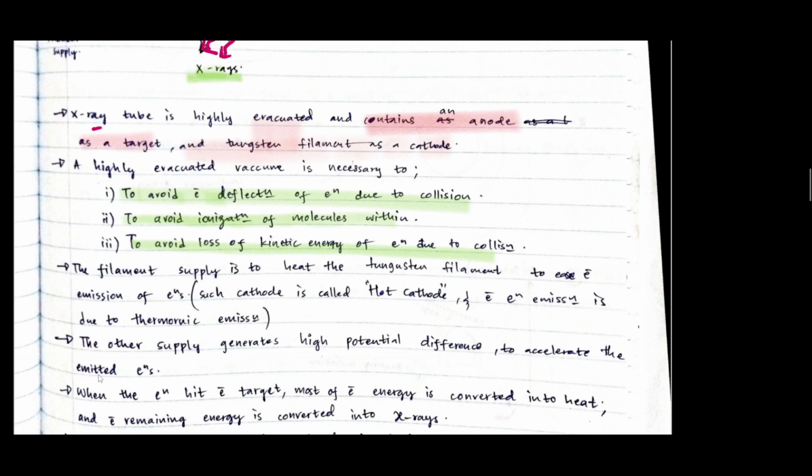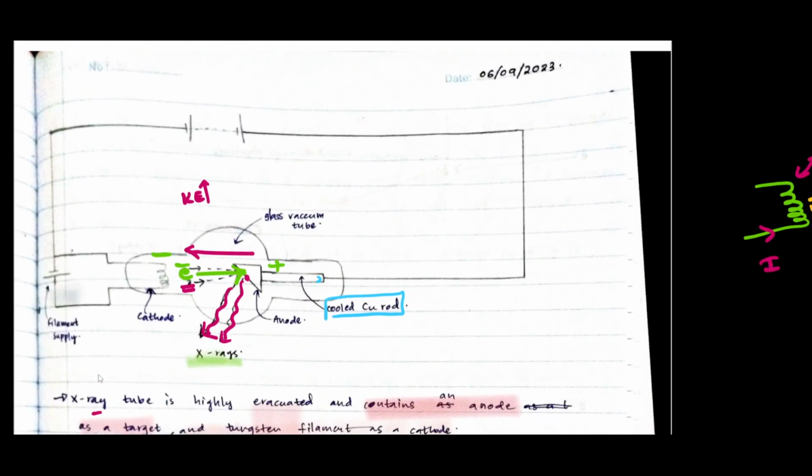Next point, the filament supply is used to heat up this tungsten filament. So we were talking about this circuit over here, right?